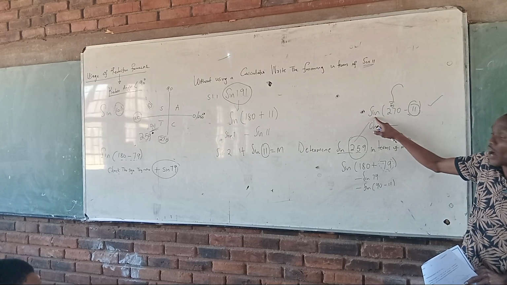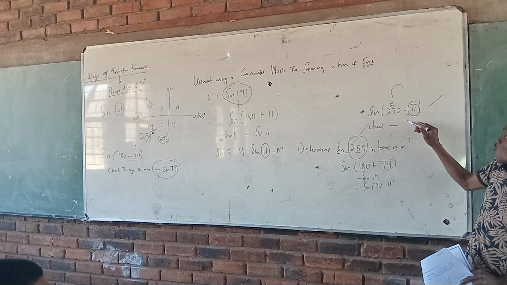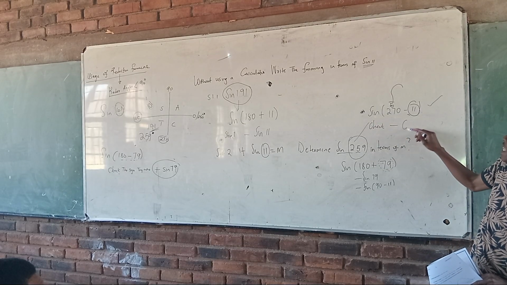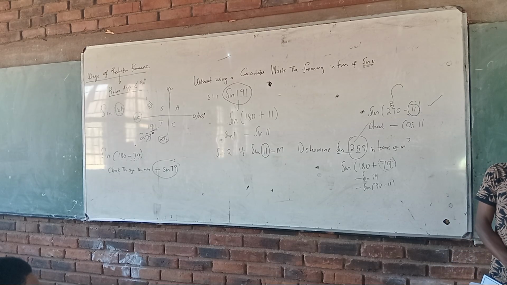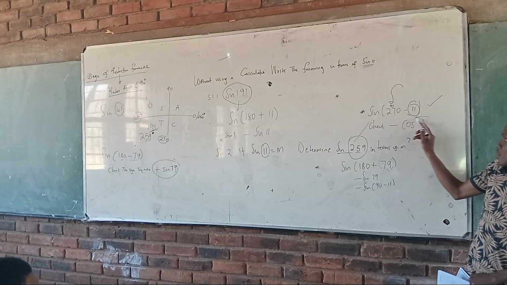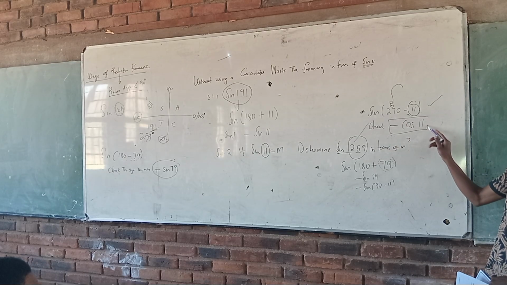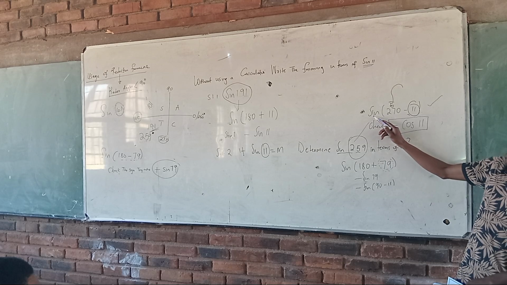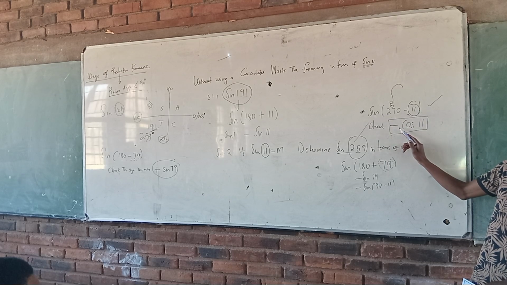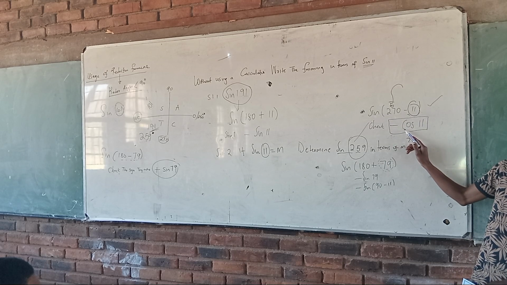What is the co-function of sine? It's cos. So your answer is negative cos 11. Is it making sense up to this part? Sine 270 minus 11 is negative cos 11.